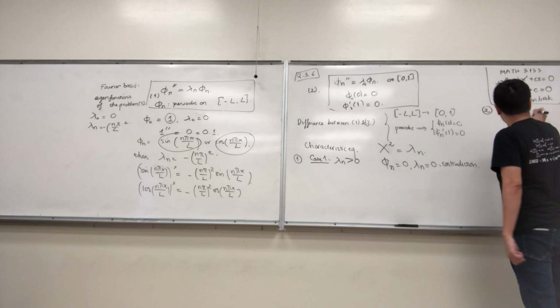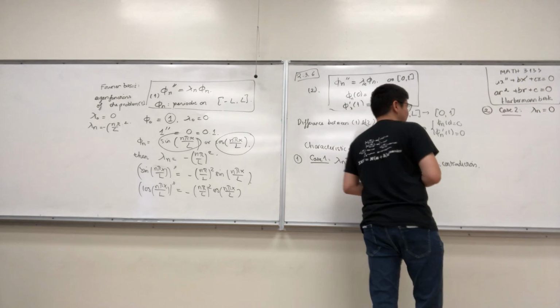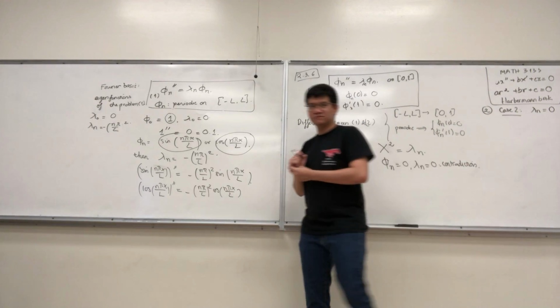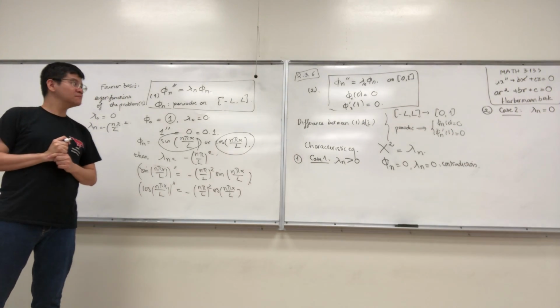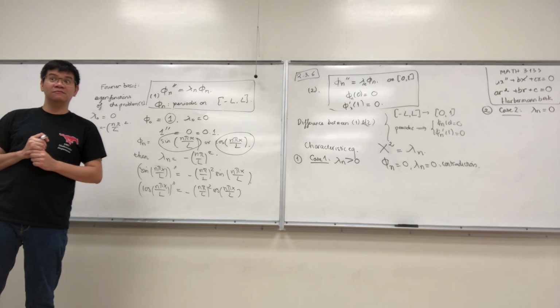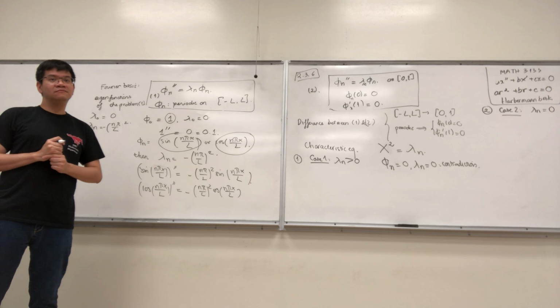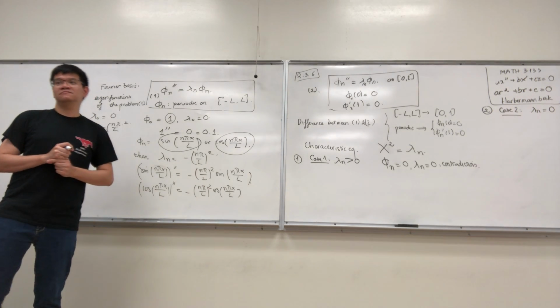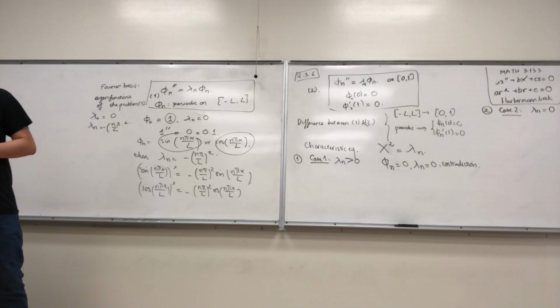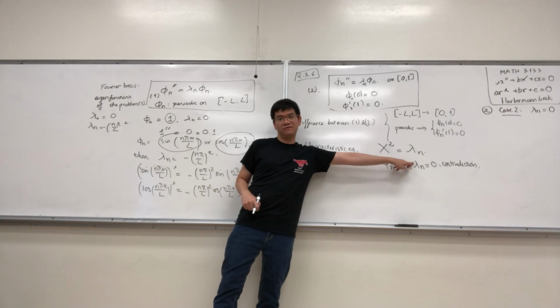So case number 2, lambda n is 0, right? So when lambda n is 0, what is the solution of the equation? Now the first case, lambda n is strictly positive, right?